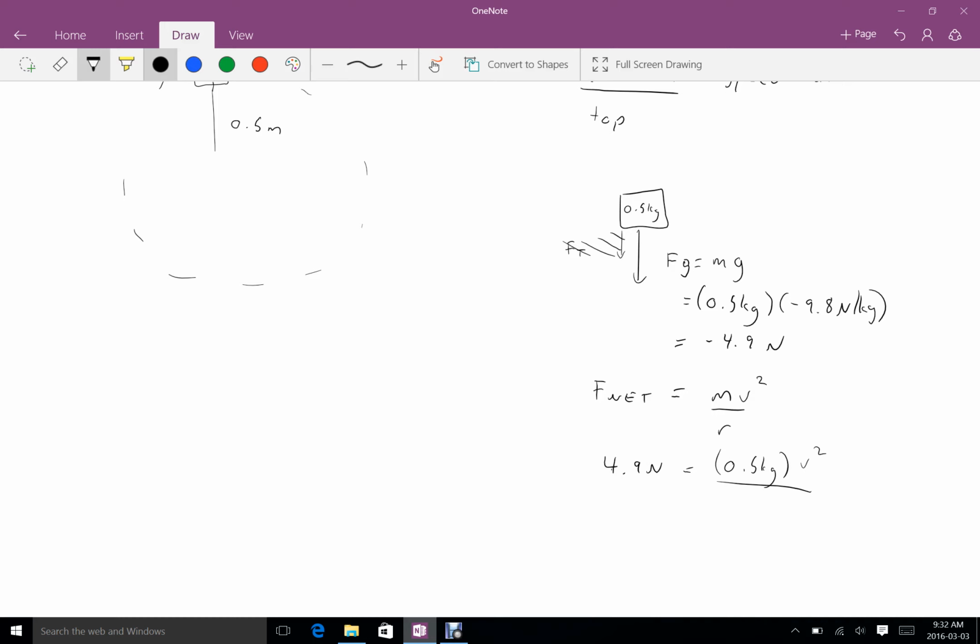I'm just interested in the magnitude of this speed, so I'm ignoring directions here. And the radius, if the string was 0.5 meters long, is going to be the radius of our circular motion. So these 0.5s effectively cancel each other out. We just have to square root that 4.9, and we get a minimum speed of 2.2 meters per second.